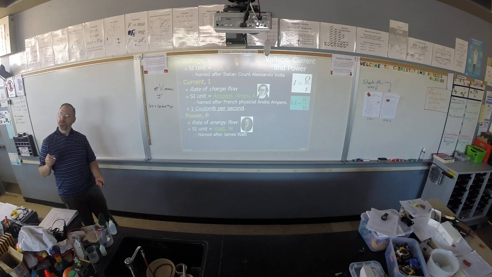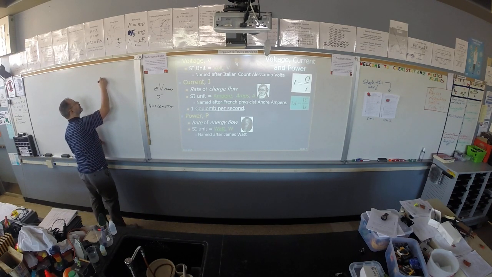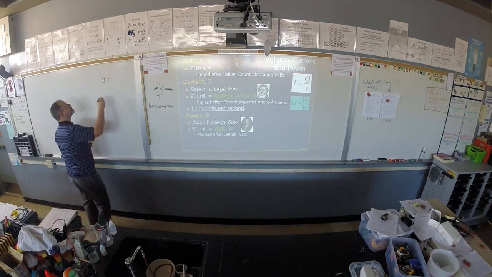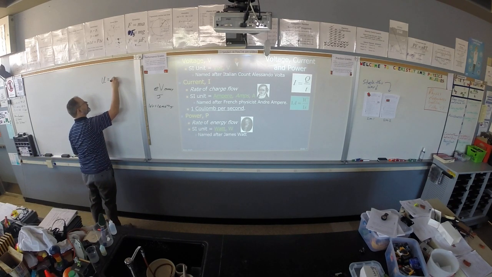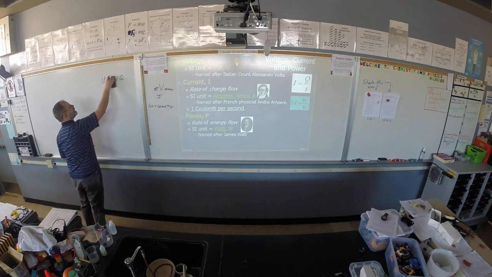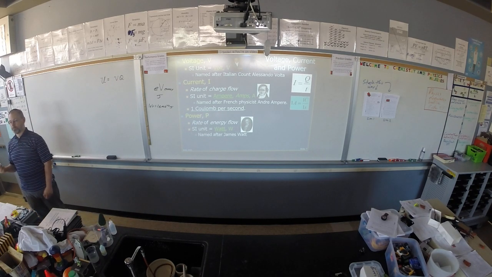Do you remember the formula? If you flip back a couple pages, do you remember the formula for potential energy of a charged particle? Yes. Change in U equals change in V times q. We can put the little deltas in here, tiny U, tiny V. Okay, U equals V q.